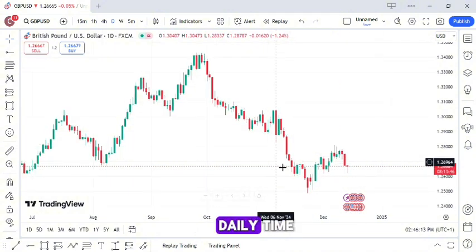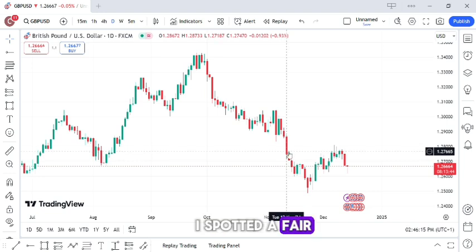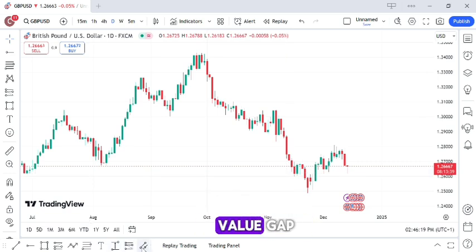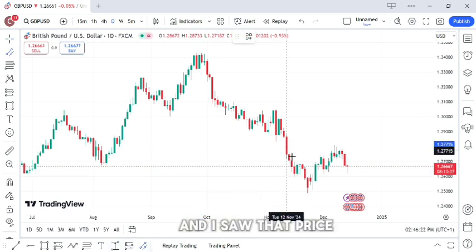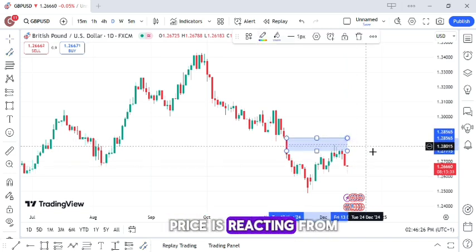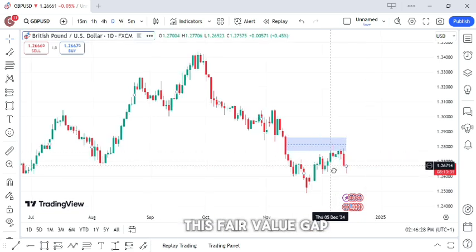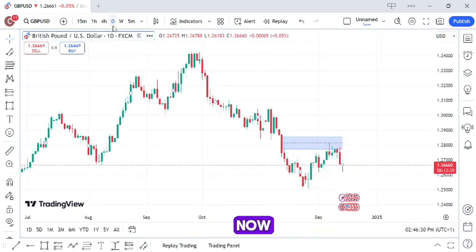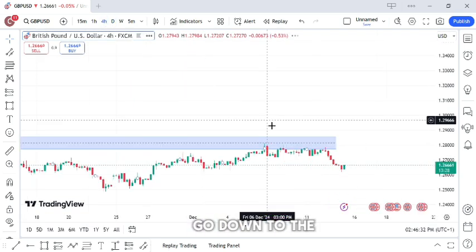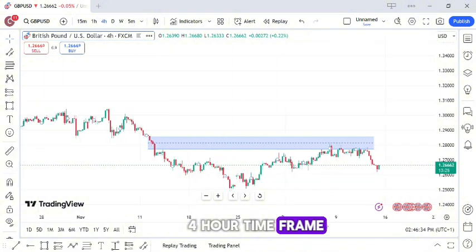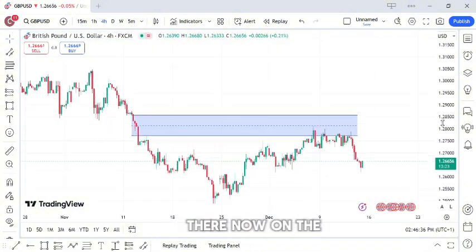On the daily time frame, I spotted a fair value gap here, and this is an order block as well. I marked out this fair value gap, and I saw that price is reacting from it. Now let's go down to the 4-hour time frame to see what the market is doing there.